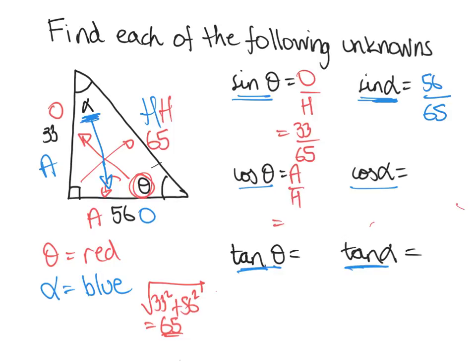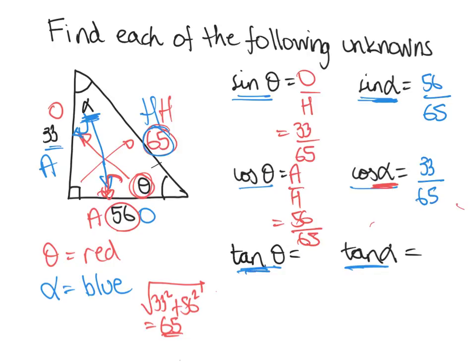The side that is adjacent to theta is this one here, 56, and the hypotenuse 65. Now cos of alpha, right next to alpha is the adjacent side, which is 33, over the hypotenuse, which is 65.